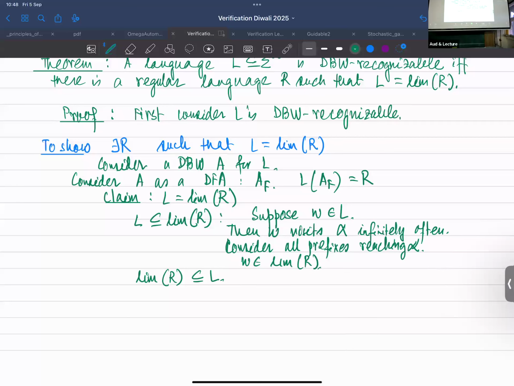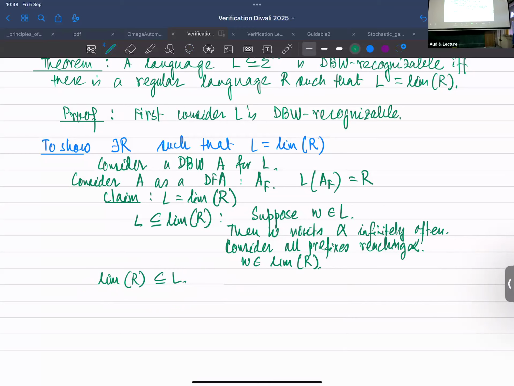Clear? What about the other direction? If W belongs to limit of R, that means there are infinitely many prefixes of it which are accepted. So that means it visits alpha infinitely often, because if a prefix is accepted, it ends at alpha.